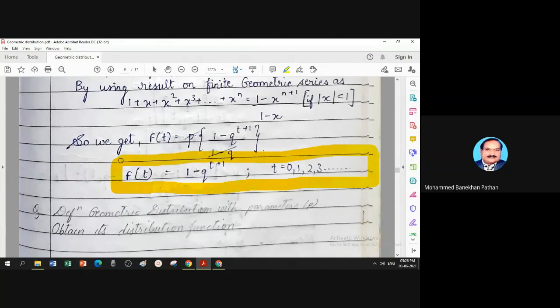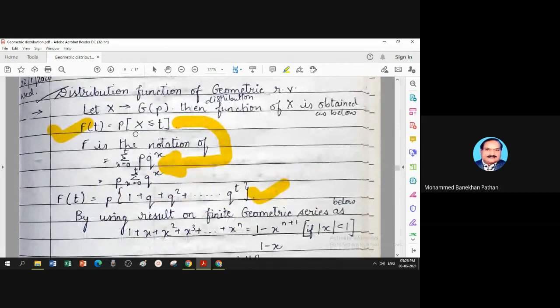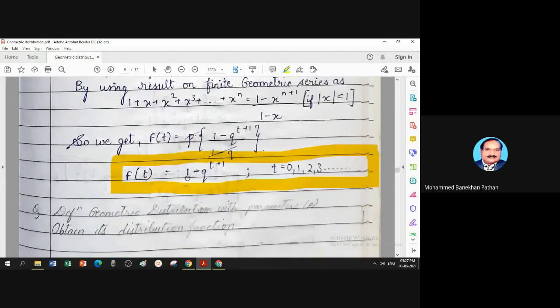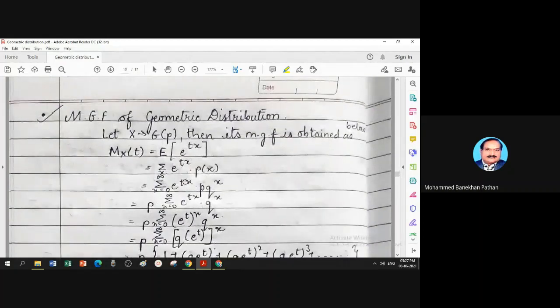This is the result: 1 minus q raised to T plus 1. This function can be used to calculate a probability of the less than or equal to type. So any probability in this form, directly you can get the answer with the help of this formula.